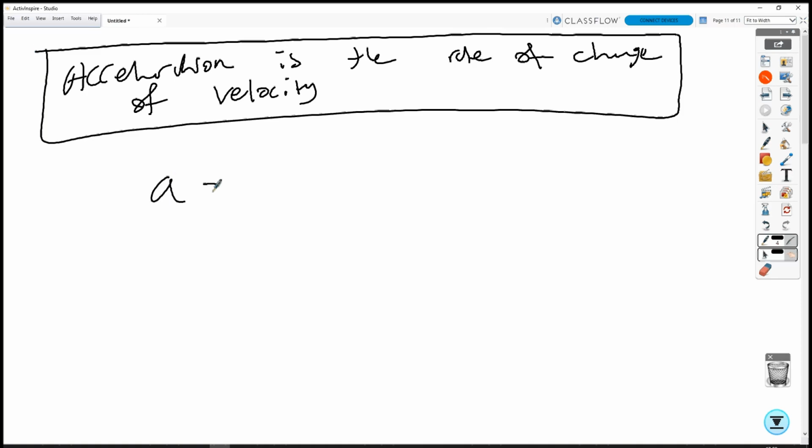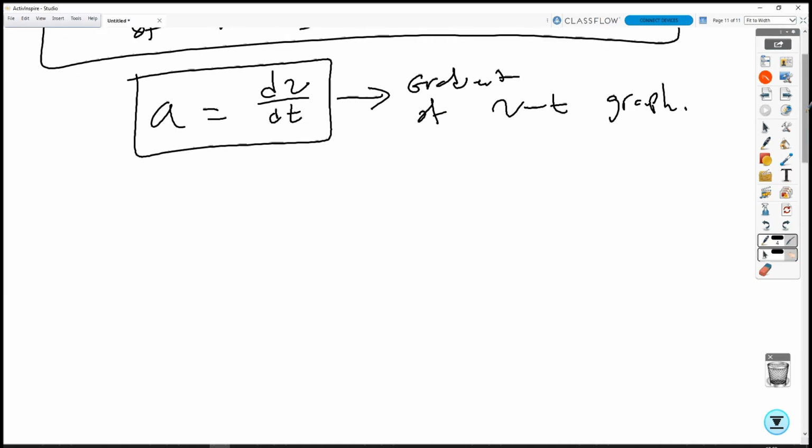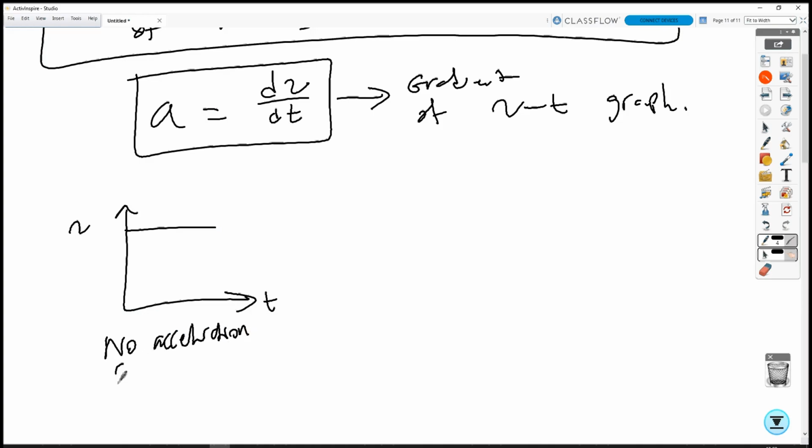So A is equal to dv dt, which means it's the gradient of a VT graph. So a constant line like this means no acceleration, constant velocity.